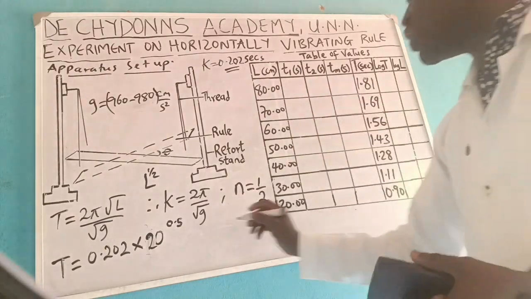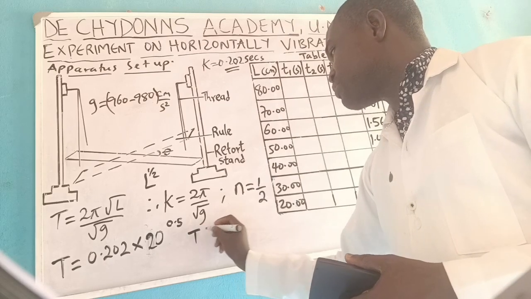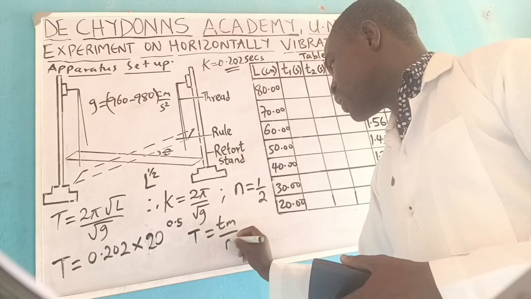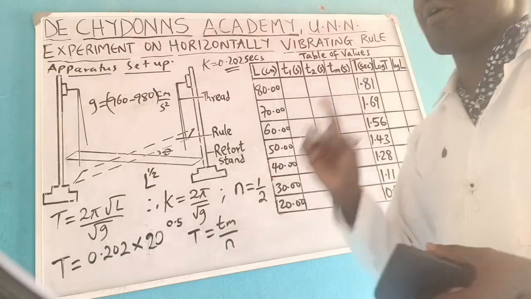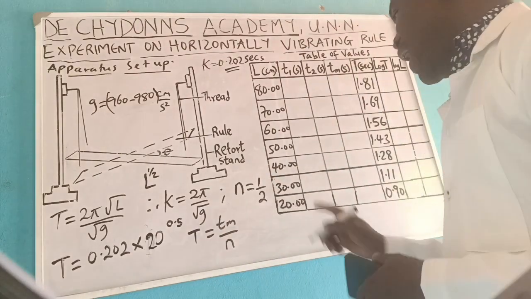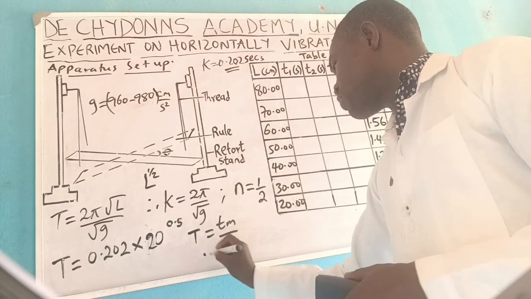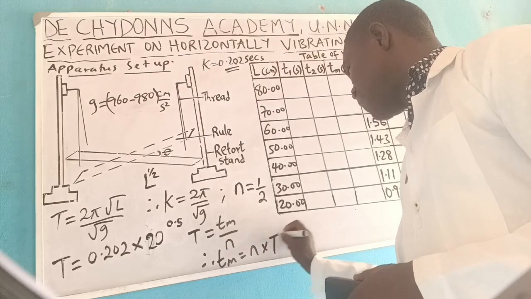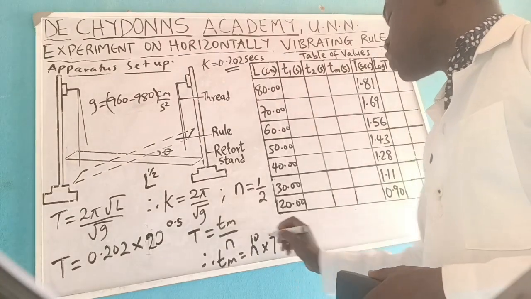That is the next. Remember that your period T is equal to the mean time over the number of oscillations, and the number of oscillations is 10. Therefore, Tm will be equal to n times capital T, where n is equal to 10.